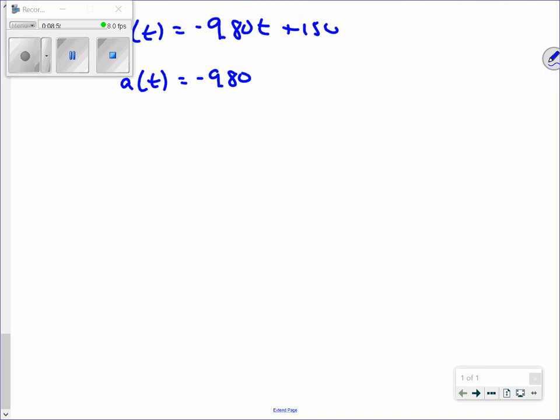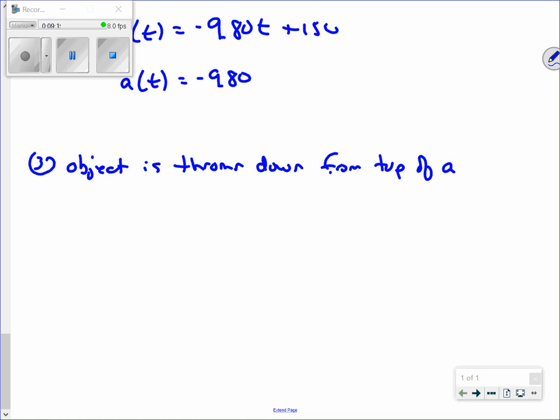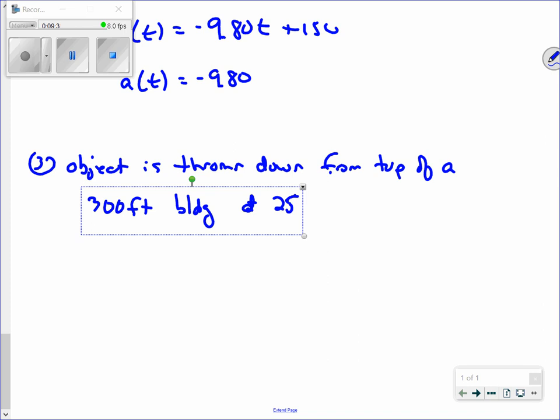Okay, the third situation, an object is thrown down from the top of a 300-foot building at 25 feet per second.